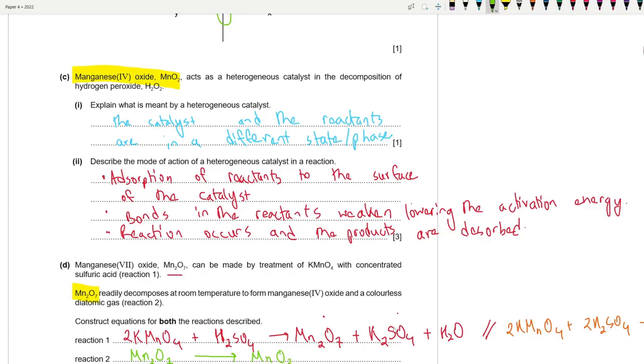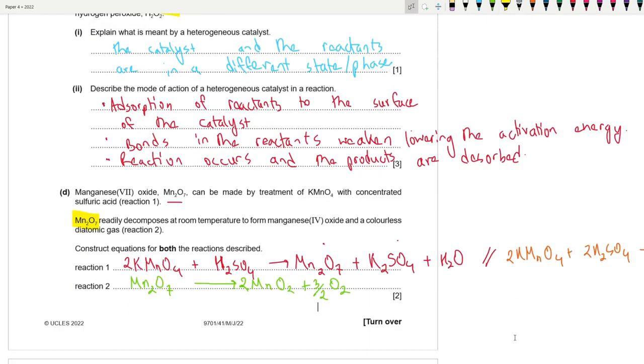So we need 2 to balance this minimum. So I've used up 4 oxygen. I have 3 oxygen remaining. So the only possible colorless gas being formed is oxygen, since we don't have any other possible element. And we need 3 atoms of oxygen, so we need to give a 3/2 over here. Does that make sense, guys? Is that clear? Okay.